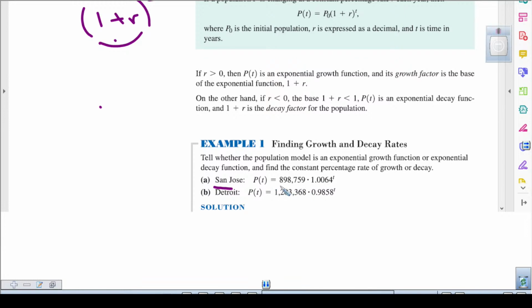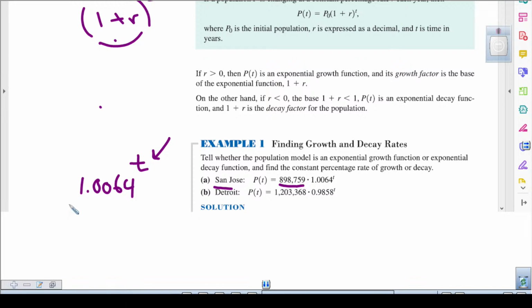It's given you this humongous number times 1.0064 to the t-th power. First of all, is this exponential? Yes or no, guys? Yes, it is. Is this exponential growth? It depends on the base.